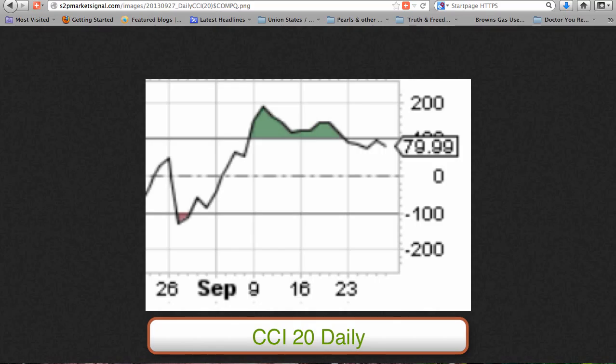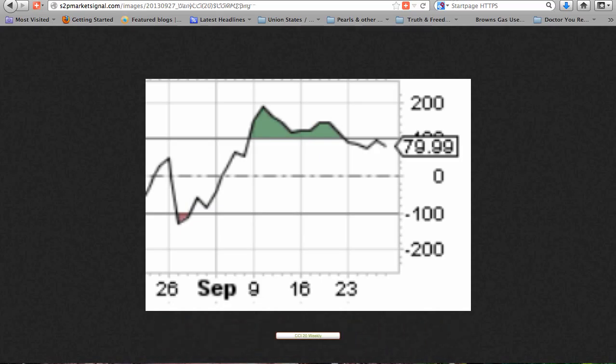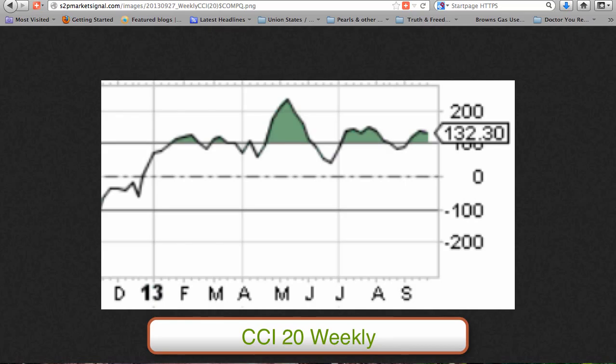The weekly CCI 20 of the Nasdaq Composite Index began a Woody's uptrend 33 weeks ago, while the daily CCI 20 began a Woody's uptrend 2 weeks ago. The CCI 20 weekly continues above plus 100. We await a return to the plus or minus 50 range for a valid zero-line reject entry signal.